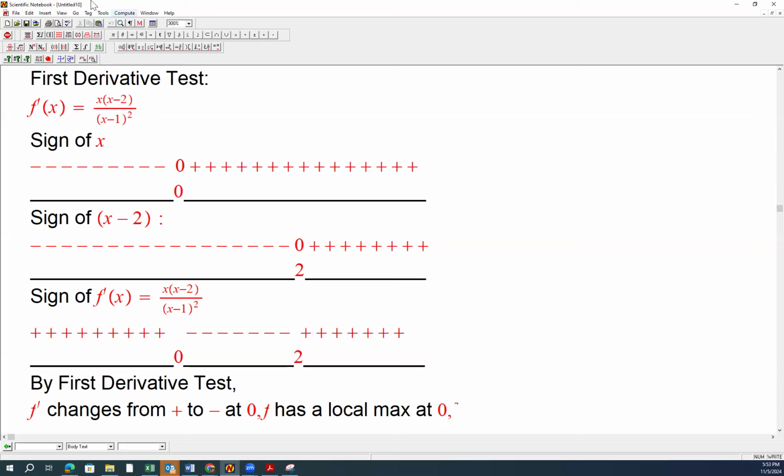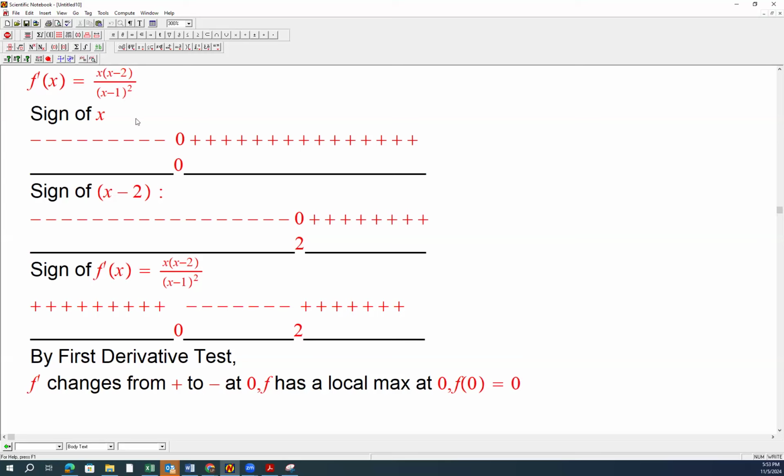And of course, f of 0 equals 0, right? And similarly, we say f prime changes from negative to positive at 2.